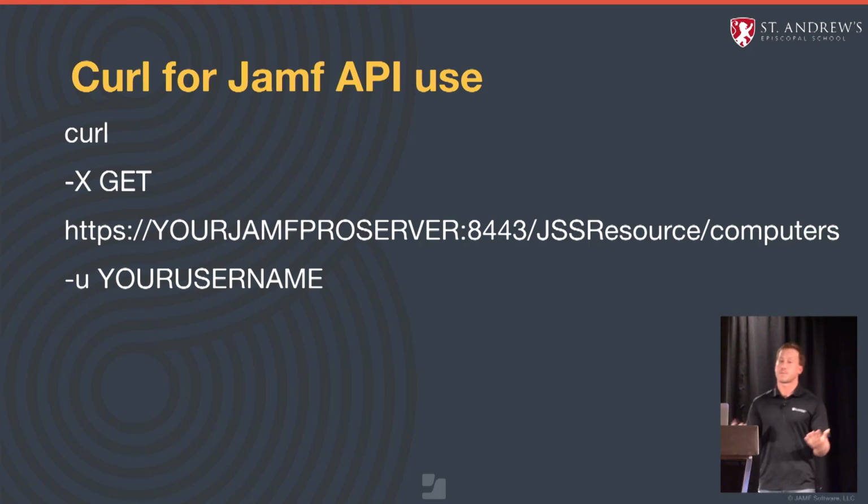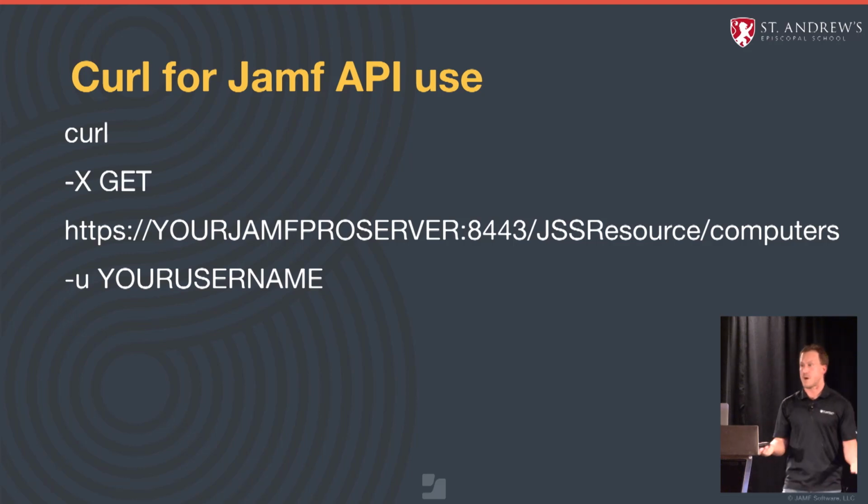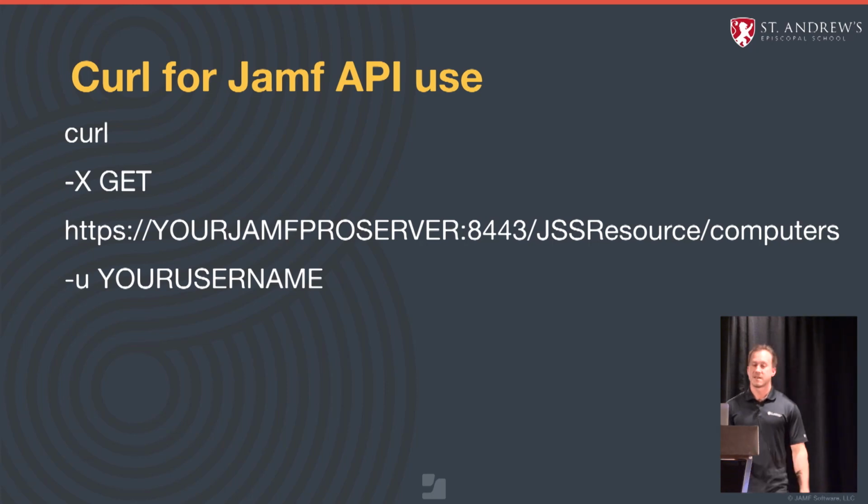So if you feel like following along, open up the terminal on your computer and type curl space, then -X GET, because we need to tell it what we're going to do, space, then the address to the resource. For this example, I'll just get a dump of the info from all of your computers. And then -u, your username.